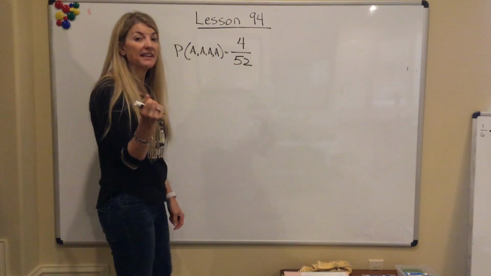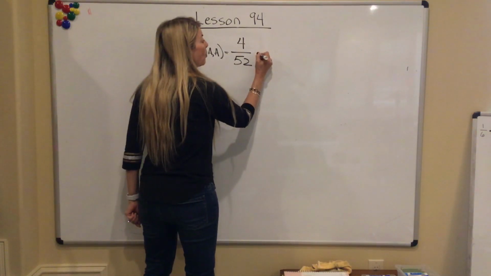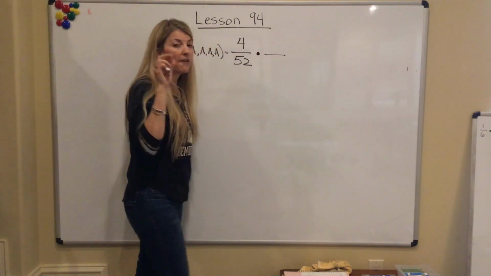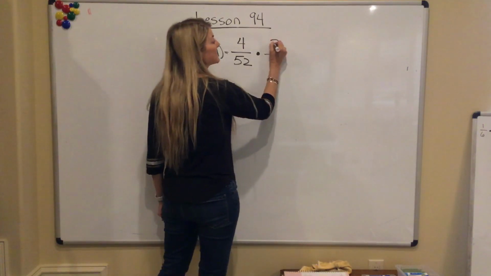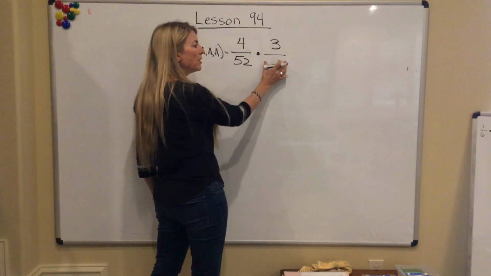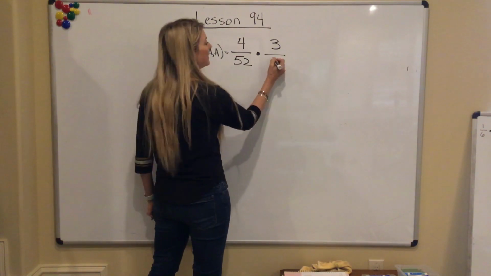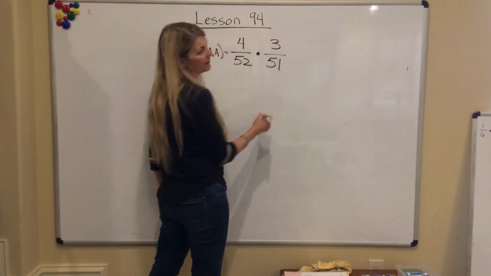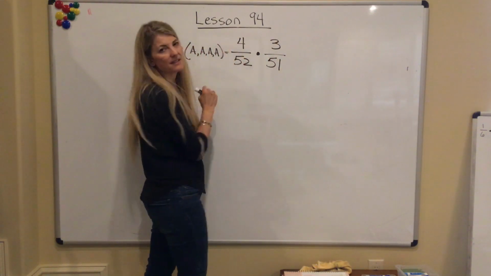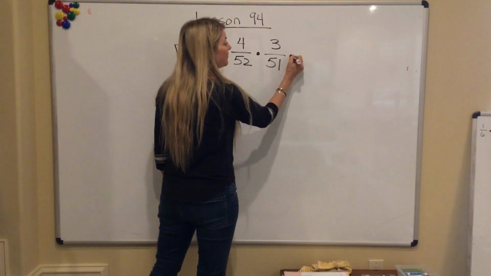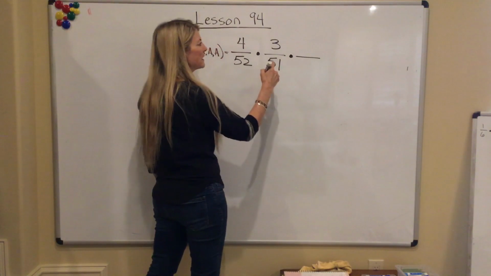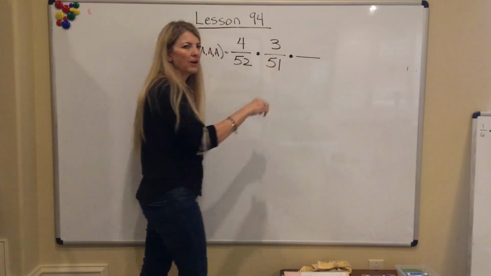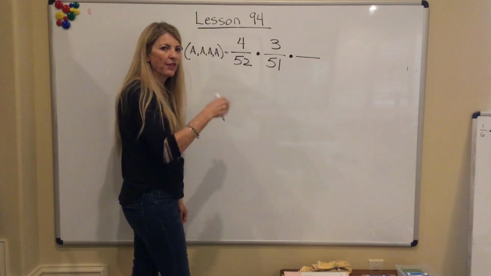Let's assume it's an ace. So then, what's the probability of my second draw being an ace? Well, there's only 3 aces in the deck, and then how many cards are there left in the deck? There's only 51 now, because I didn't replace this card. Then, assuming these were 2 aces, what's the chance that I would draw an ace on that third draw?